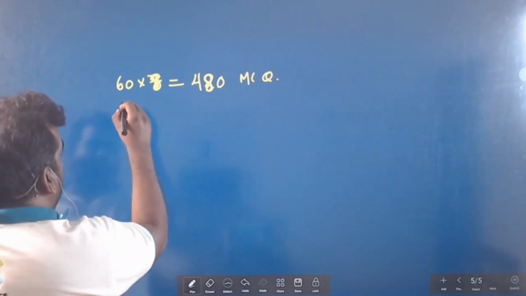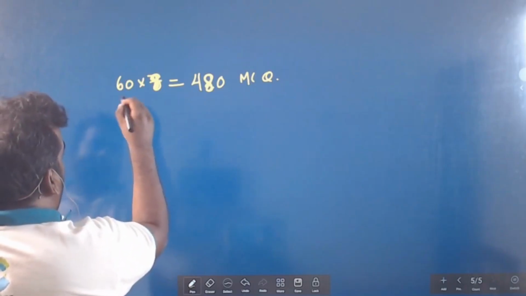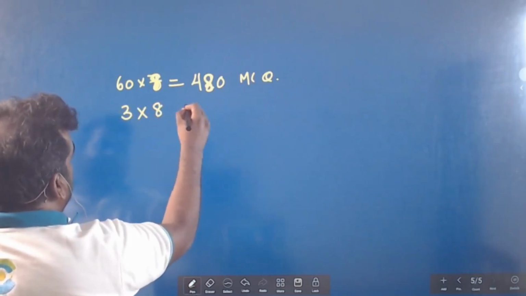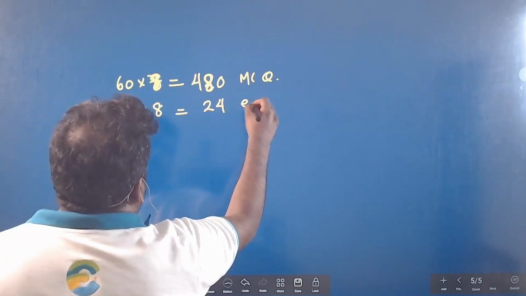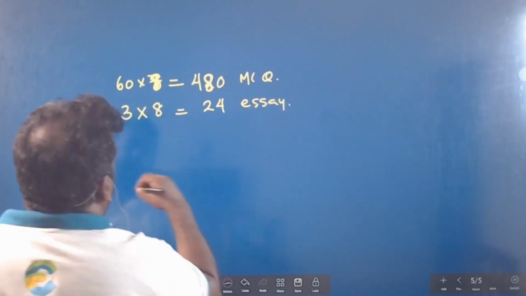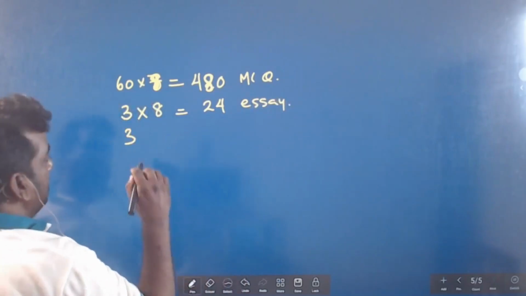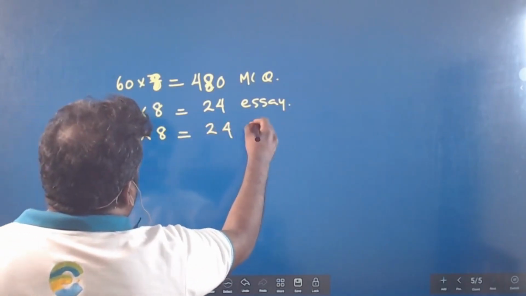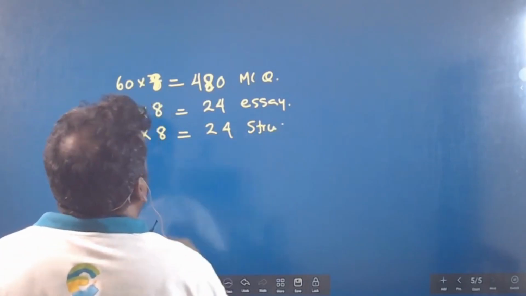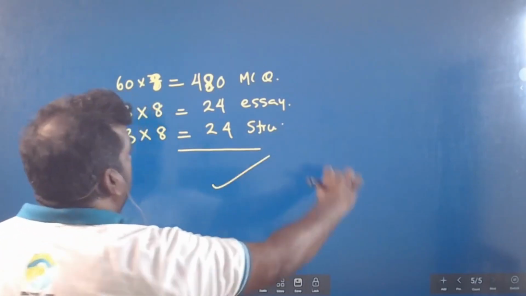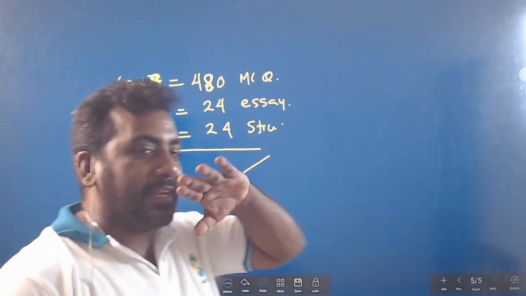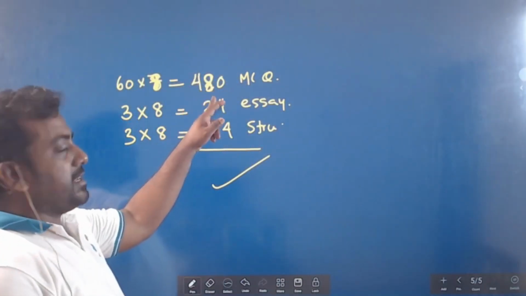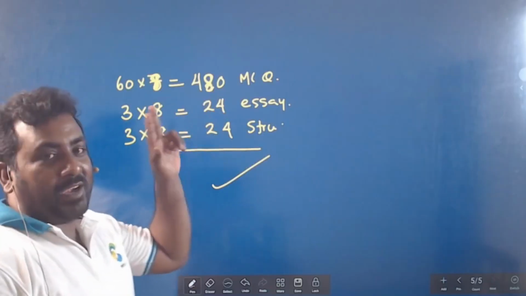So every week, what we normally discuss is 3 essays. 24 essays done. 3 structured, every day 1 structured. 8 weeks, 24 structured essays done. So you can see the amount of work that is now completed and finished. 480 MCQs, 24 essays, 24 structured essays.